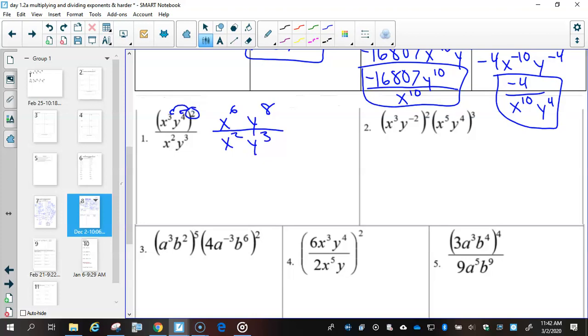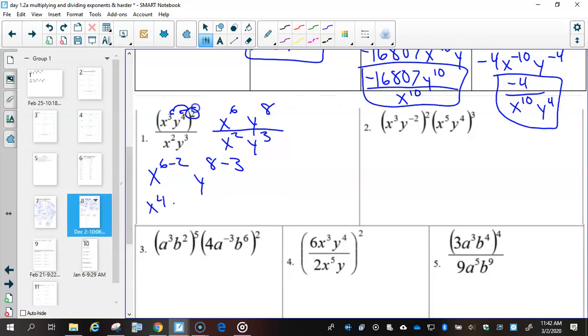Multiply or divide. Again, these aren't like bases, but these are. So we could divide. If we're dividing our like bases, what are we doing with the exponents? Subtracting. So I can combine these by subtracting.